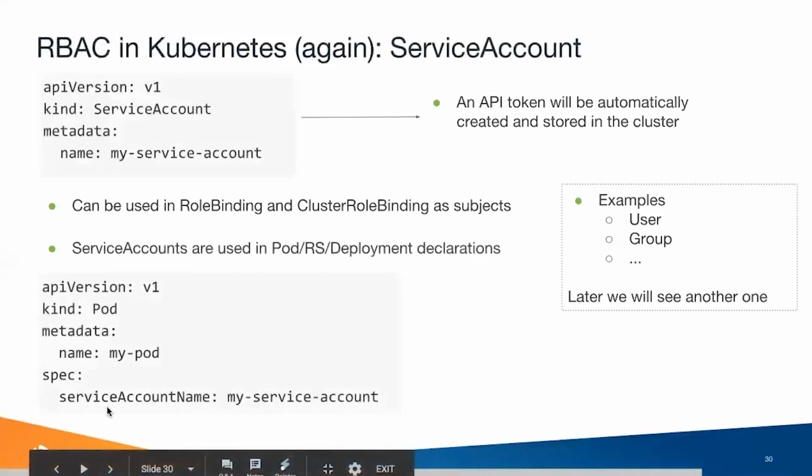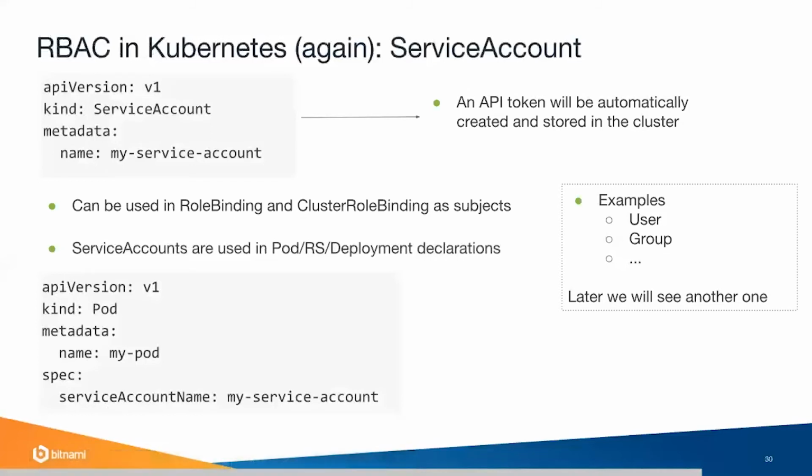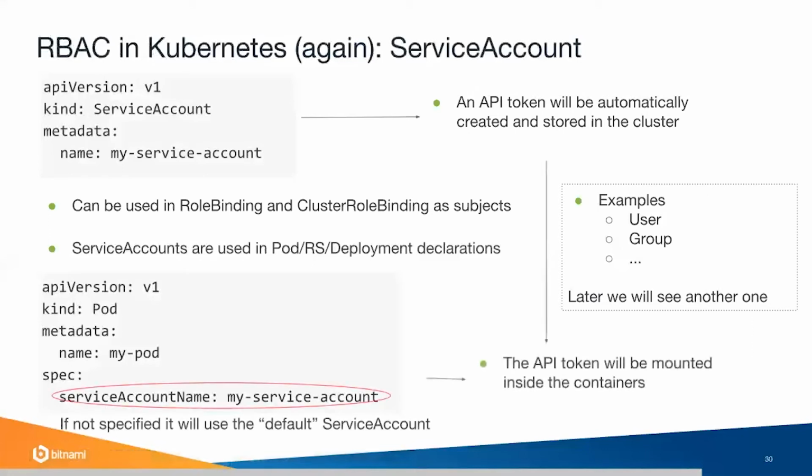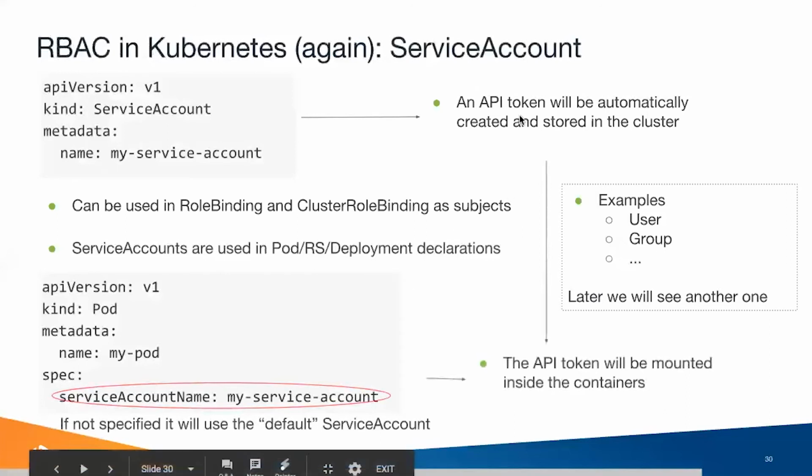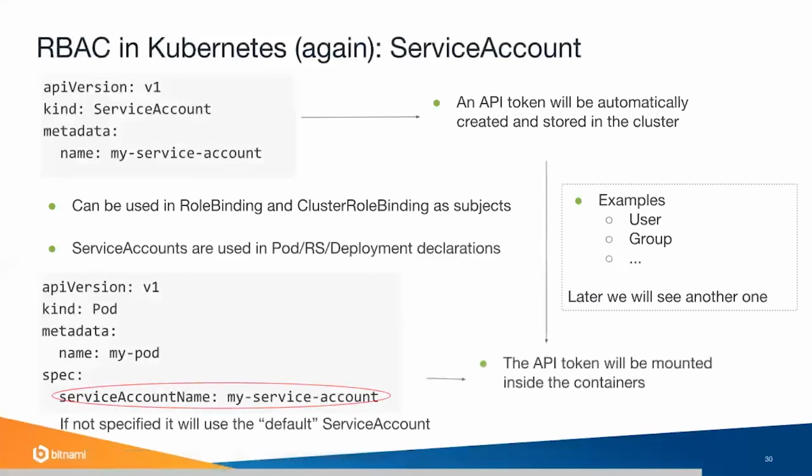In the pod definition, you can set the service account name, and that's how you specify how it will be able to access the cluster. Why? Because when you specify the service account name, or if not, the default, the API token that was created before will be mounted inside the containers. And then the container can use this API token to access the cluster.